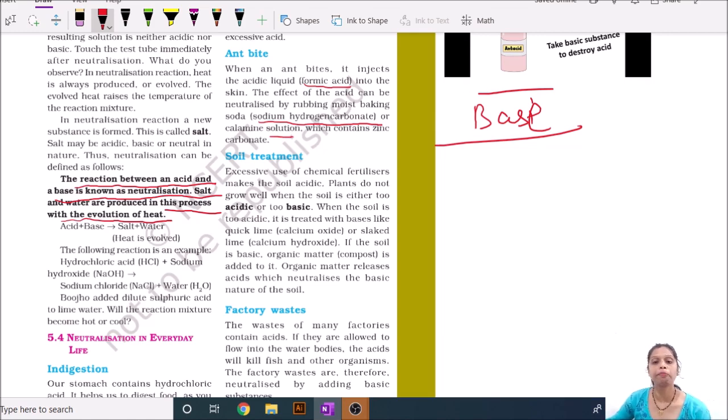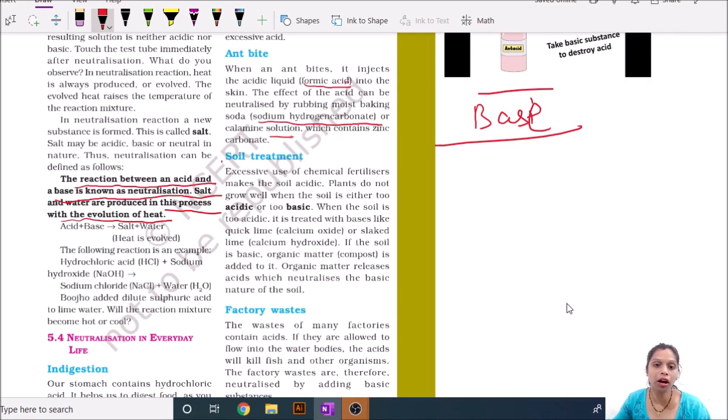It gives instant relief at that time. Then it is also a treatment of an ant bite, and it neutralizes the excessive character of acids and gives instant relief.